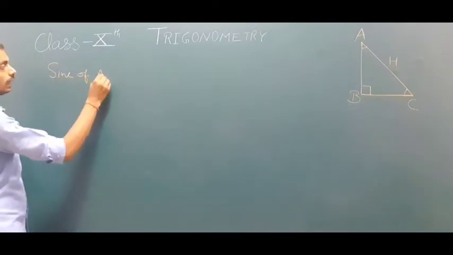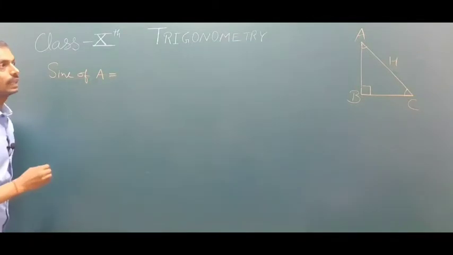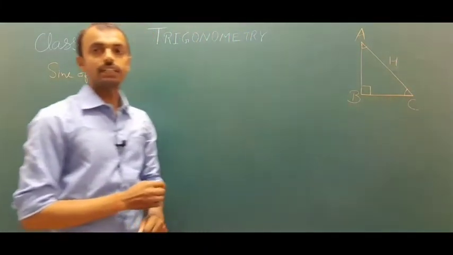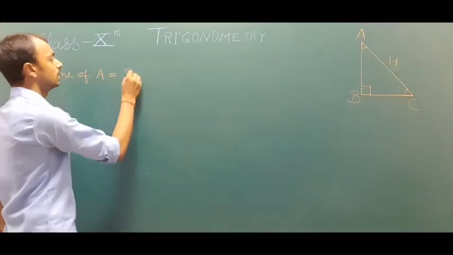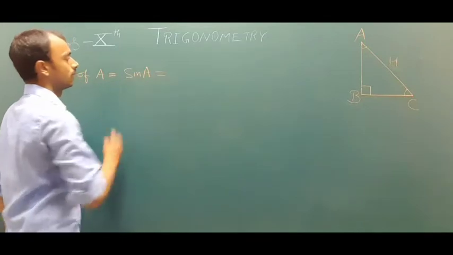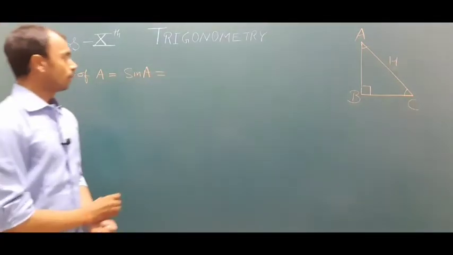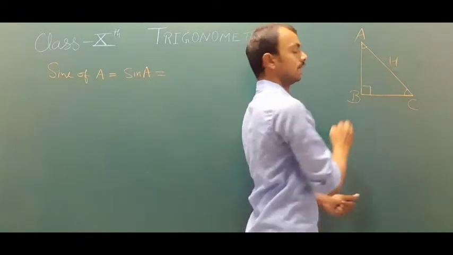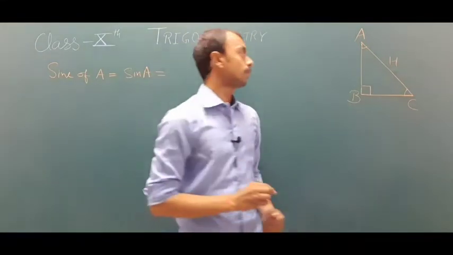Sine of A means sine of angle A, that is denoted by sin A. Now, sine A means the opposite side. One more concept.